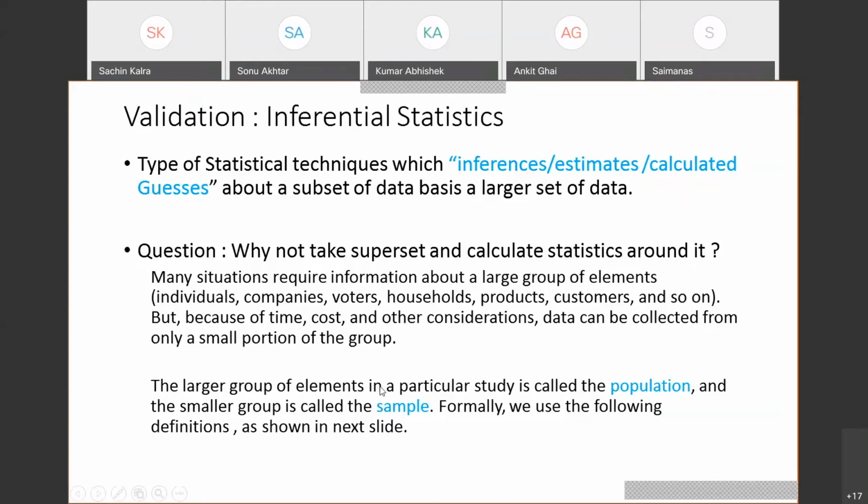Like we have exit polls. Exit polls are not always for the full population. They are from samples taken from different poll booths, and basis that many political experts take a call on which party is going to come, which party is going to get how many seats, and so on. This is a real example of what you all must have seen but never thought that it's actually statistics behind.